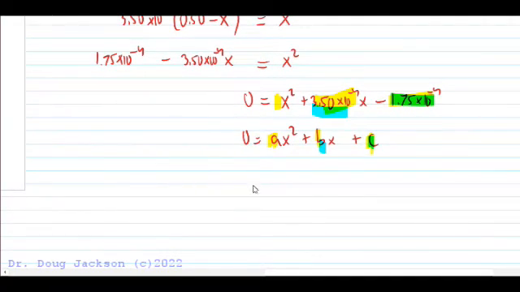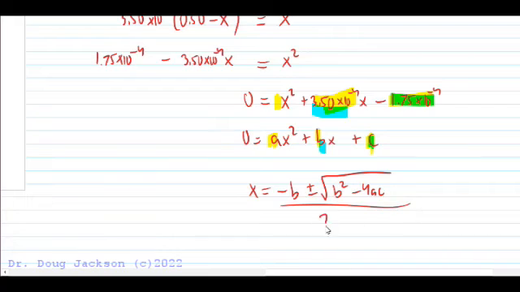And that's going to say that x is equal to negative b plus or minus the square root of b squared minus 4ac, all of that over 2 times a.